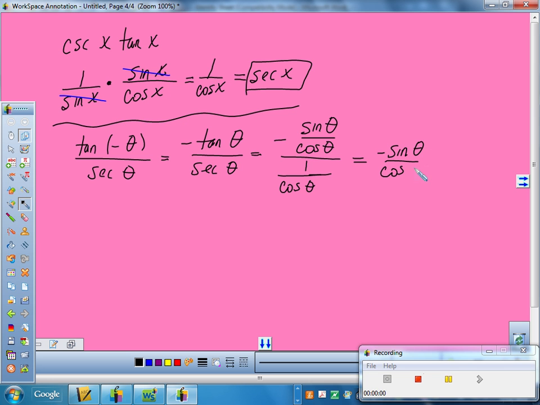And once again, magic happens. If I flip that over and multiply, golly gee, what cancels? The cosines cancel. And, well, that's not a negative. Sorry, I shouldn't have written that negative there. I got negative happy. So what's left? A negative sine of theta. Ta-da! You have simplified it.